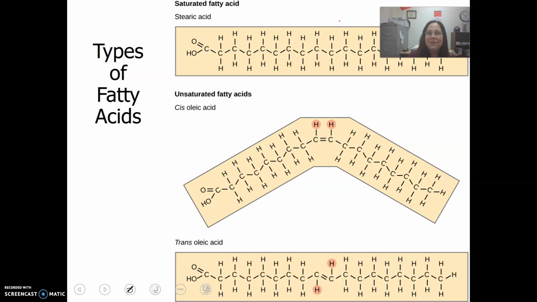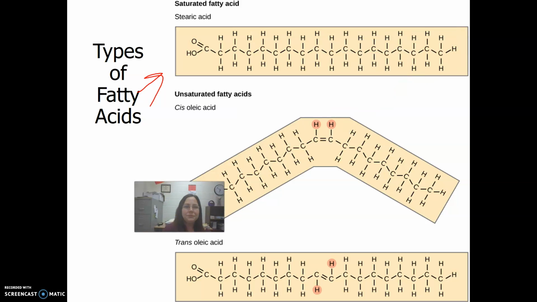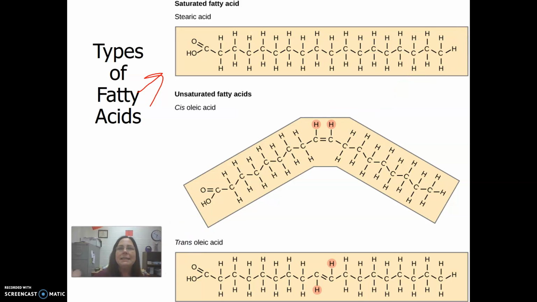And here is a much better picture of unsaturated and saturated fatty acids. This is a saturated fatty acid called stearic acid, and you can see that there are only single bonds between carbon atoms in the hydrocarbon chain. But if you look at unsaturated fatty acids, here is a double bond between carbon atoms in the hydrocarbon chain.